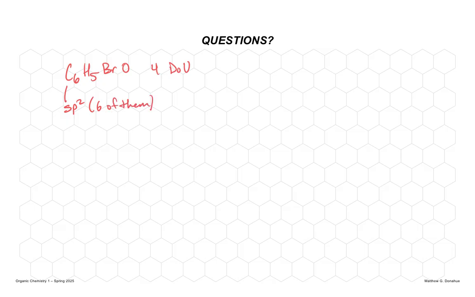Notice all 6 were unique, right? Because we saw the 6 signals. We have OH, we have Br, so 6 of them, 4 of them are CH.